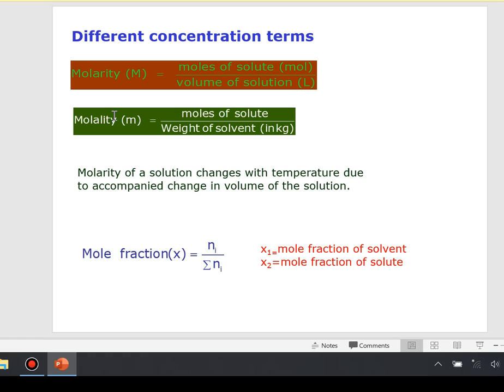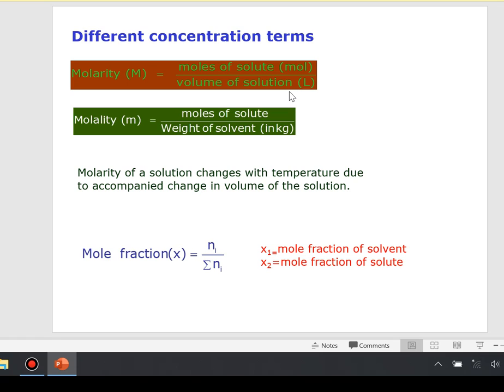Now, various methods for expressing the concentration. First method is molarity. Molarity means number of gram moles of the solute dissolved per liter of the solution.